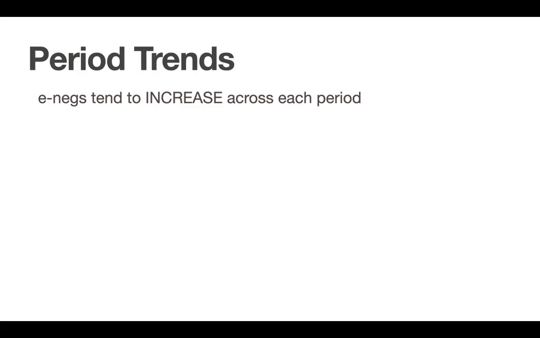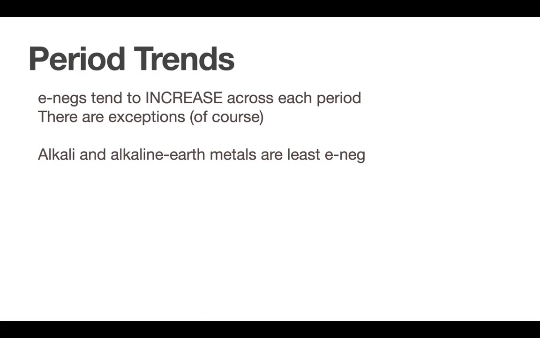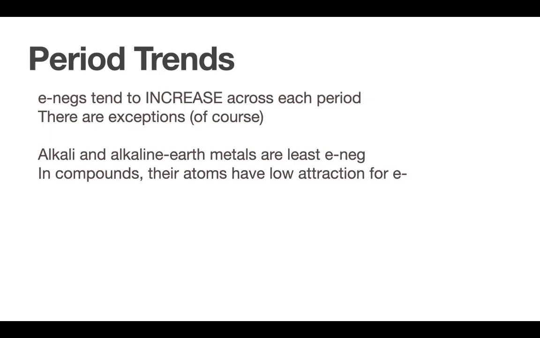Electronegativities increase going from left to right. Of course, there are exceptions. But for the most part, the alkali and alkaline earth metals, which are group 1 and group 2, are the least electronegative. So in compounds, their atoms have a low attraction for electrons.